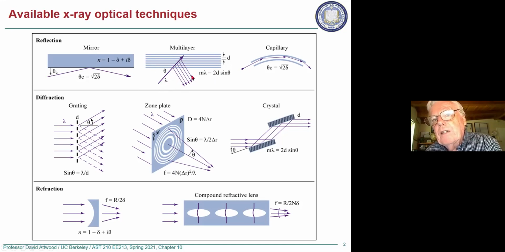But if these layers are nice and flat, then all of these reflections will add up in phase at the Bragg angle, which is a combination of the wavelength, the d-spacing, and the angle of incidence. And in general, for hard X-rays, you can't get normal incidence.